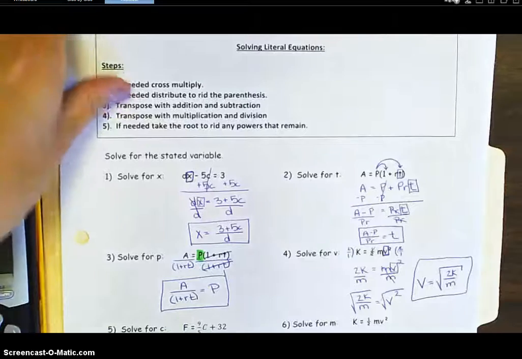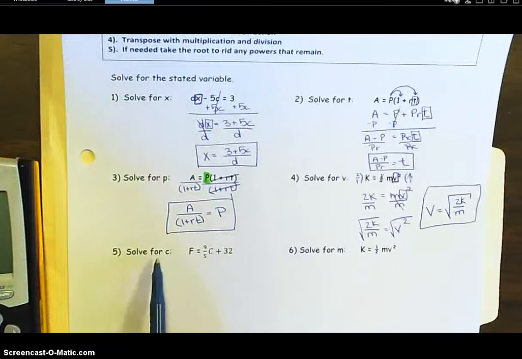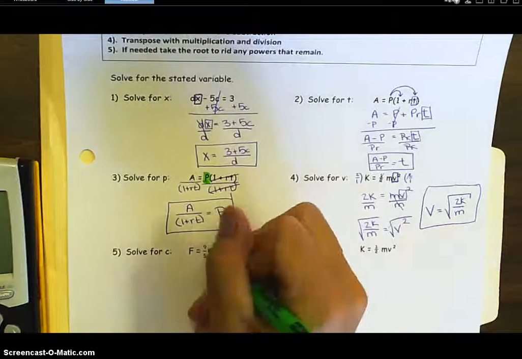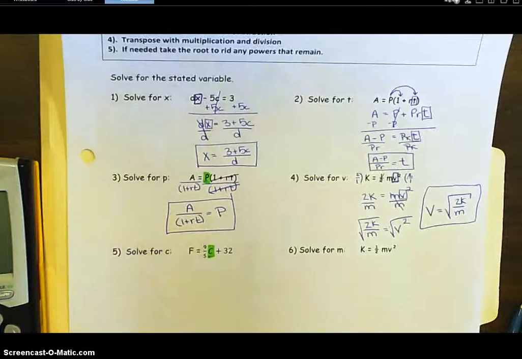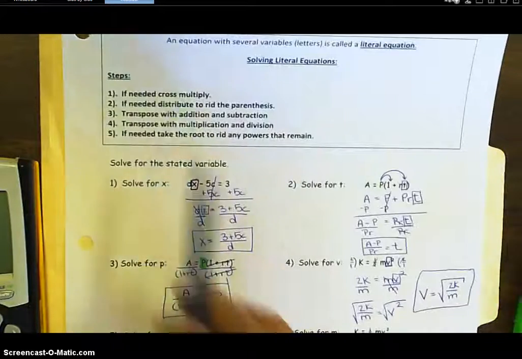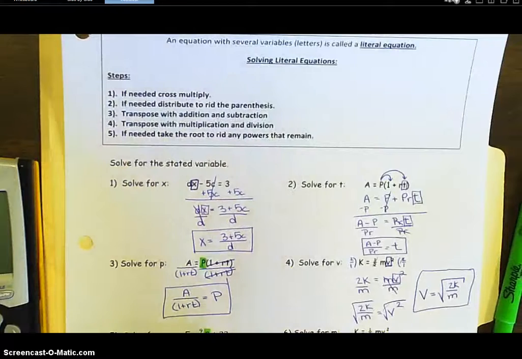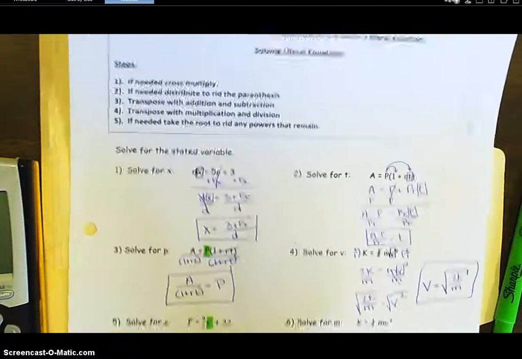Okay, let's continue down now to number 5. Solve for C. Okay, so the first thing I'm going to do is look for C. Here it is. I'm going to highlight it. So I want to keep the C right where it is, bring everything else to the other side. So number 1, if needed, cross multiply. I don't have to cross multiply here.